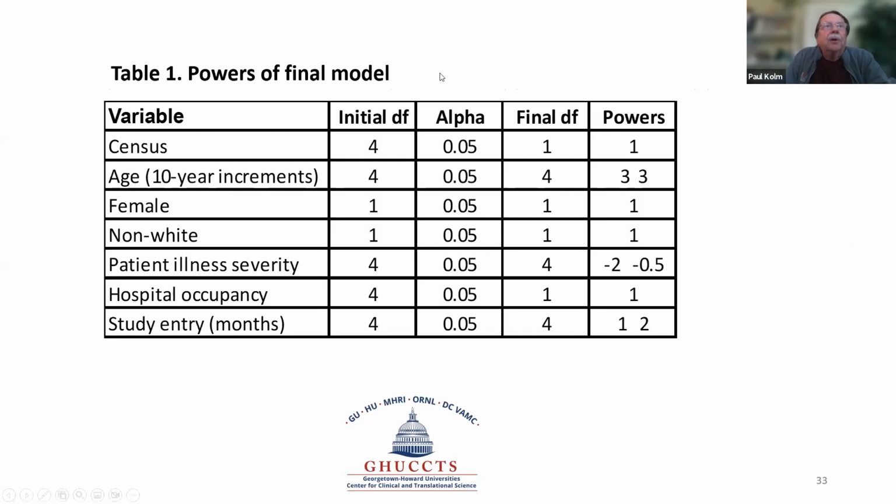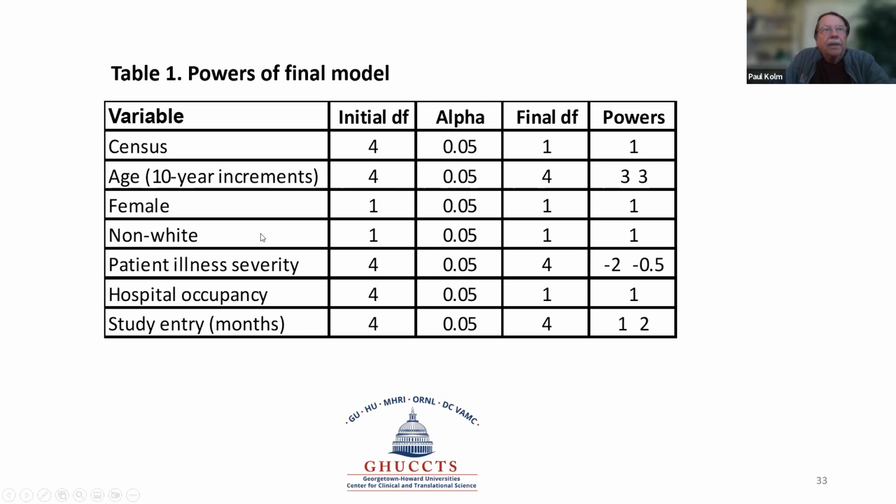So in running our model, this is what we come up with for our final model in terms of the powers. You can see that census here has a power of 1, which indicates it's just linear. It's basically the census raised to the power of 1, so it's the same. Age, however, is not. It has two different coefficients and powers of 3, which I'll illustrate here.